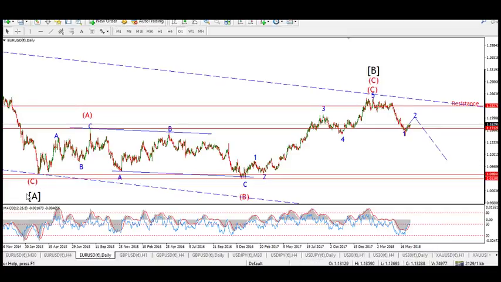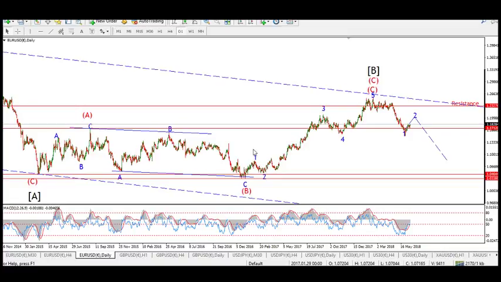There's the wave A low back in 2015, January 15, and you can see we had 3 waves up in wave A. We had a large, long, protracted 3-wave pattern to the downside in wave B. That's wave B in red there.